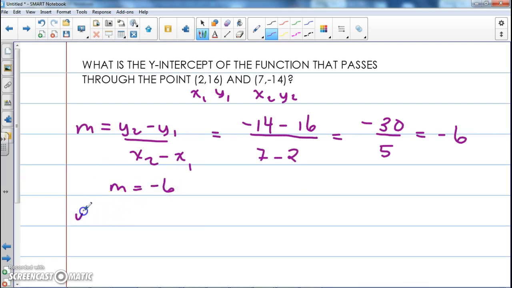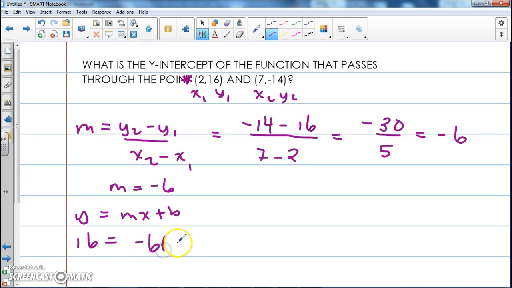Alright, so now plug it into y equals mx plus b. I'm going to plug in my -6 for m, and I'm going to use my x1, y1 for my y and my x. So instead of y, I'm going to write 16 equals -6.